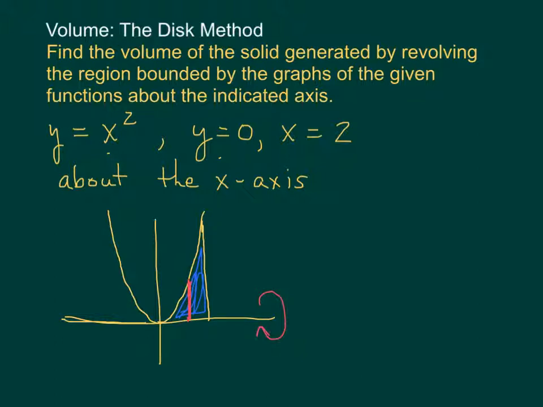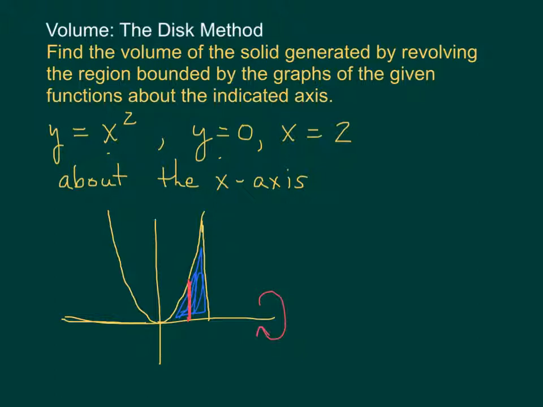So if we do an infinite sum of the area of all such disks that can be formed by all of the representative rectangles in our little region here, when we add them all together, the areas will add up to the volume that's generated by rotating this region around the x-axis.